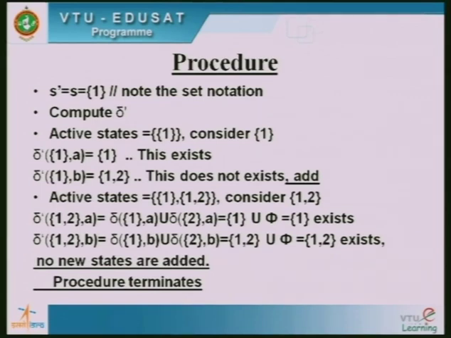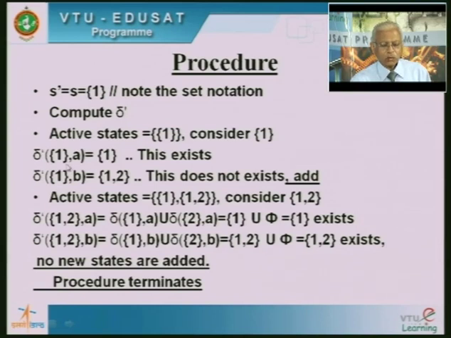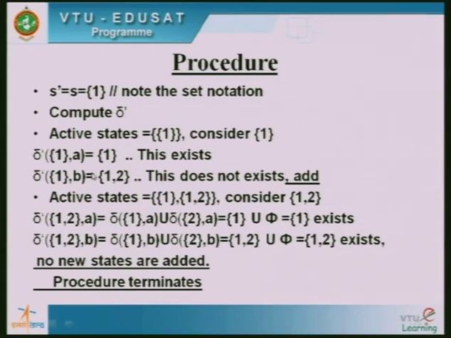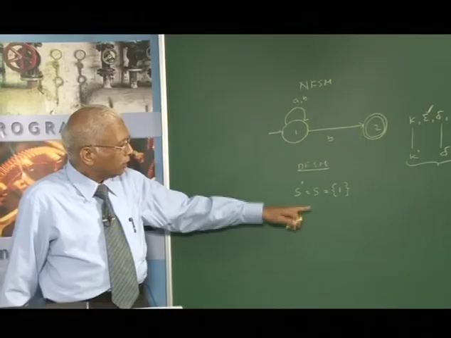So, you need to calculate the delta dash of 1 on A, but delta dash is what you want to calculate, so you have to take the help of delta. If you look at it, 1 on A will go to 1 itself, that is what is indicated here. Okay. We are computing from this.